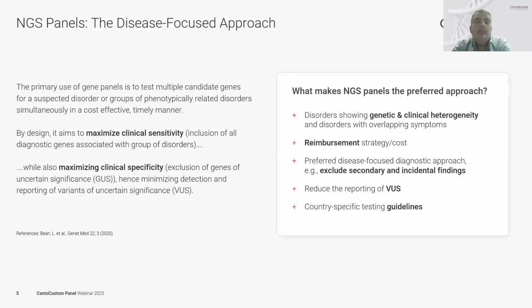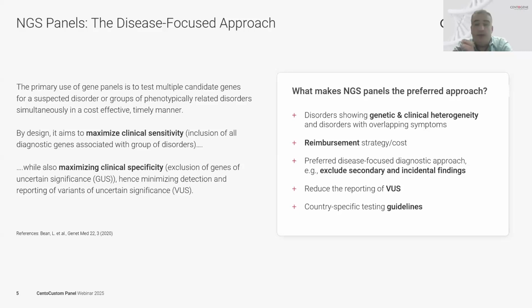So when is an NGS panel still a preferred approach? Well, in situations or in the clinical context of a group of disorders that has very similar and overlapping clinical features. Sometimes also depending on the local context, because reimbursement is possible for panels, but not for other types of tests like exomes and genomes.